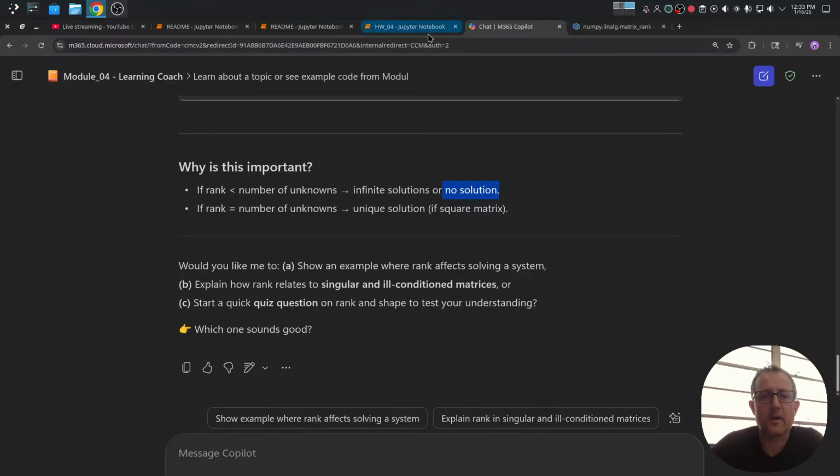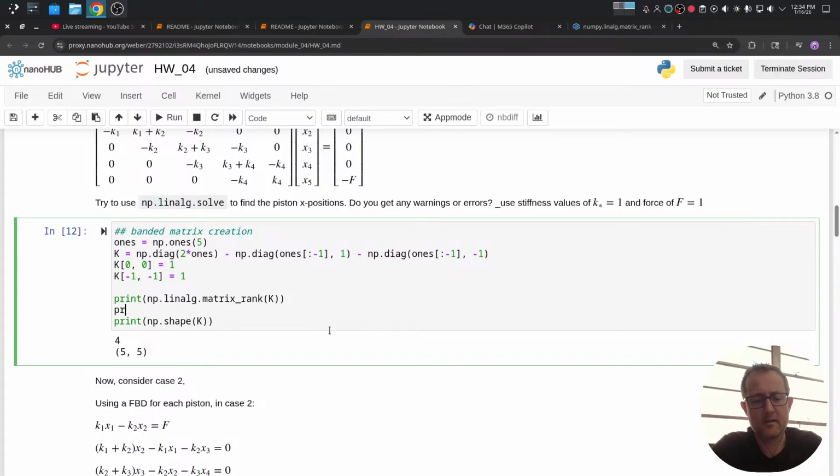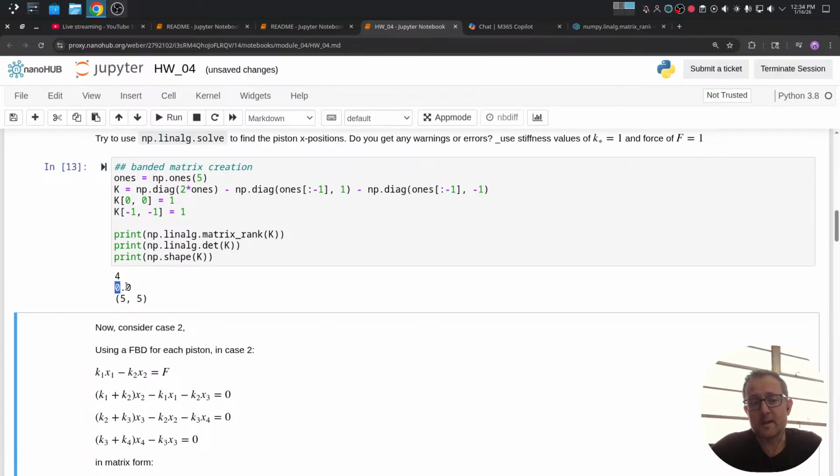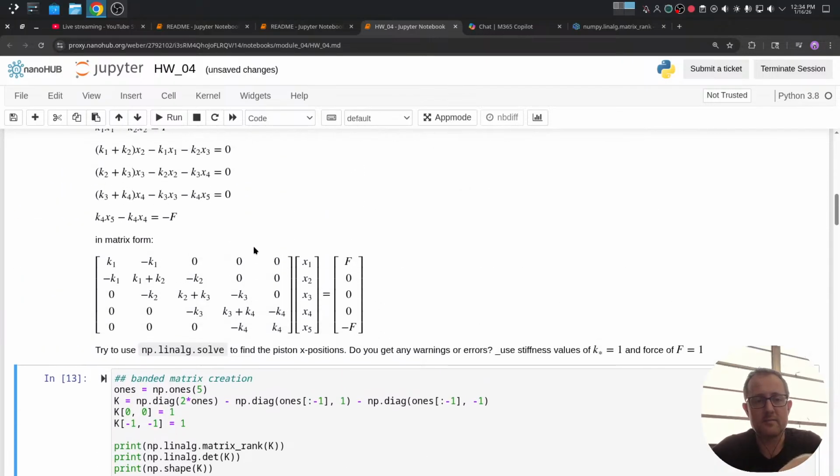Let's see. Okay. So that was kind of a cool way of, rather than looking at the condition number, and then other people looked at print np.linalg.det of K, and the determinant is 0, and roughly you need the inverse of the determinant to multiply times your output vector times this f0, and negative f.